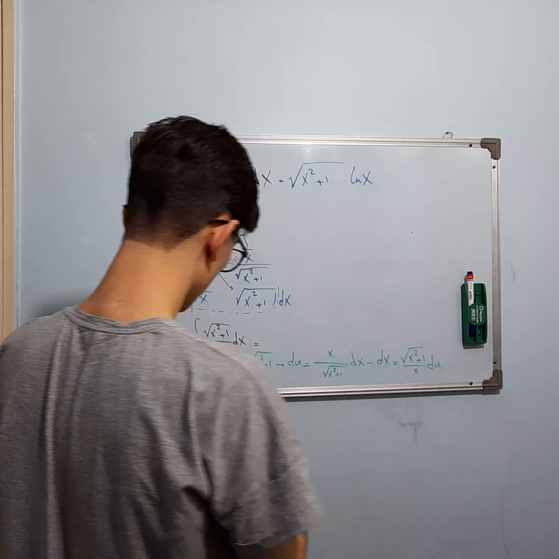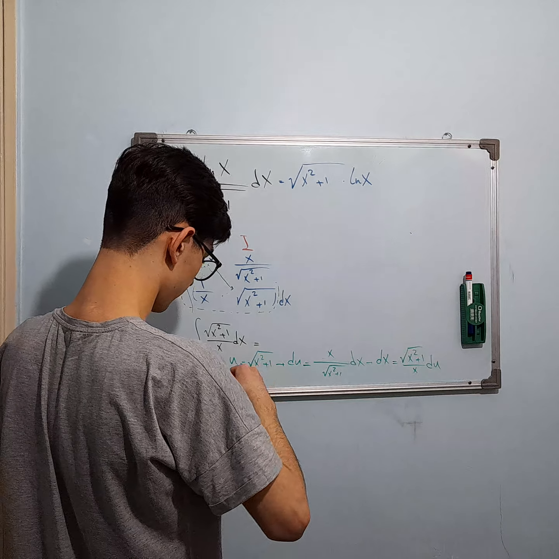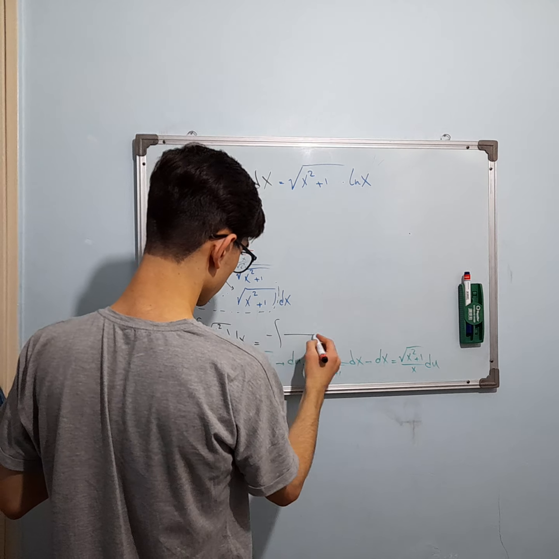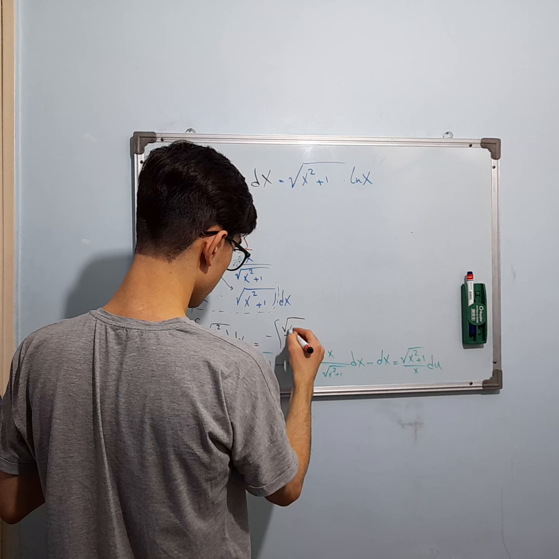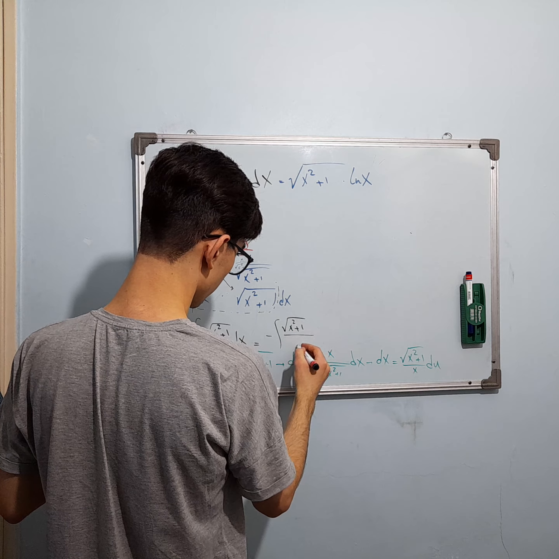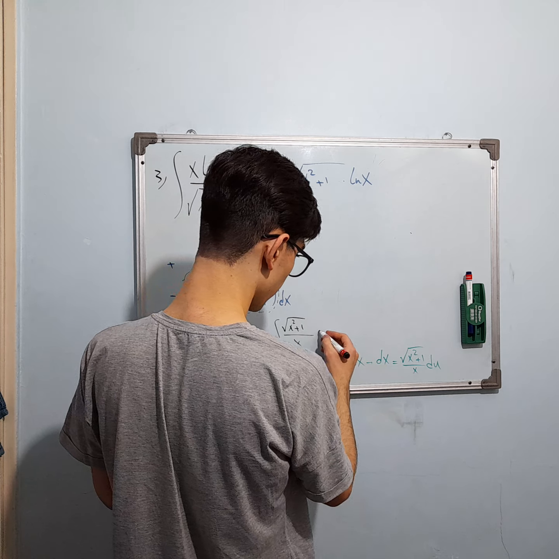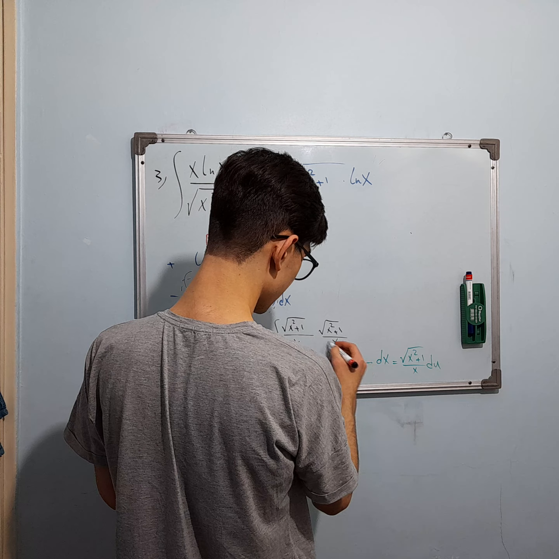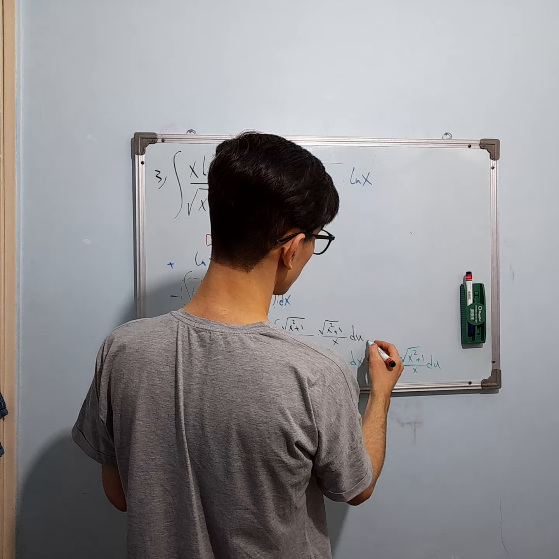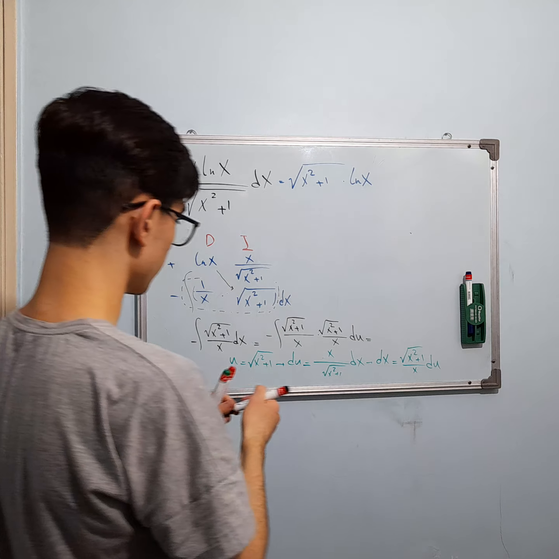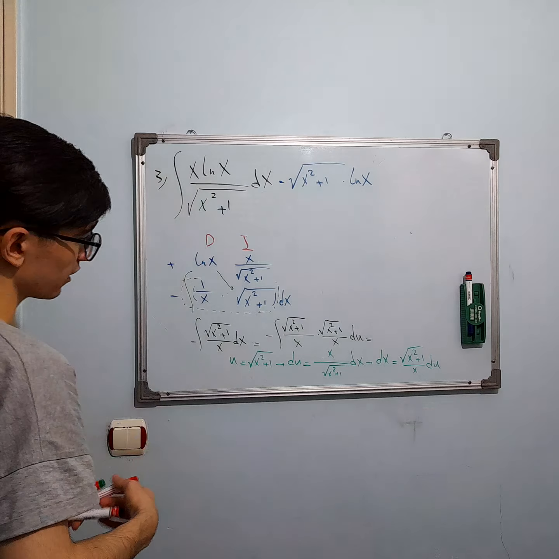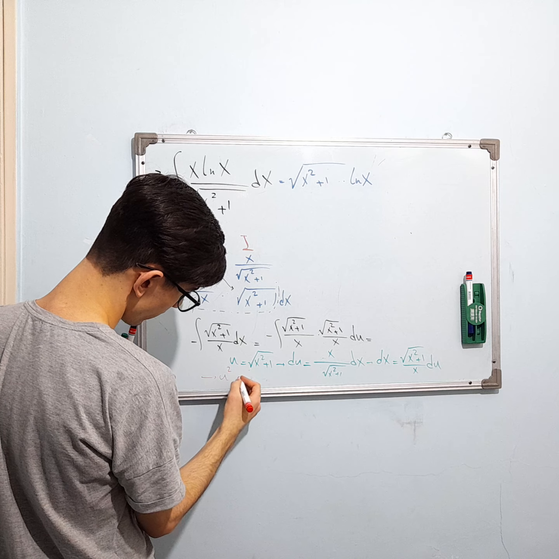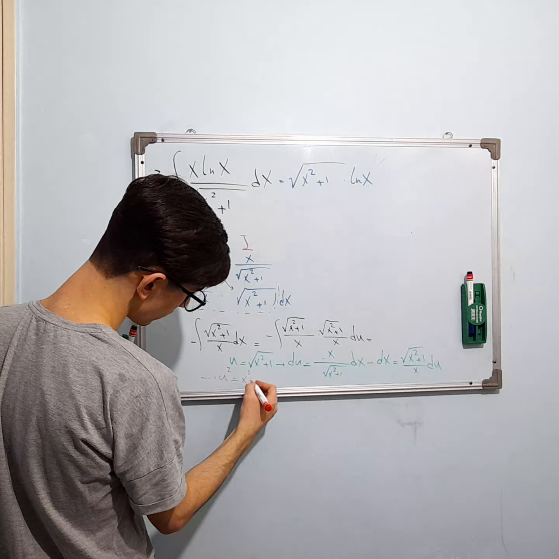So now here we have minus x square root of x squared plus 1 over x du. So now what? If I square both sides, I have u squared equals x squared plus 1.